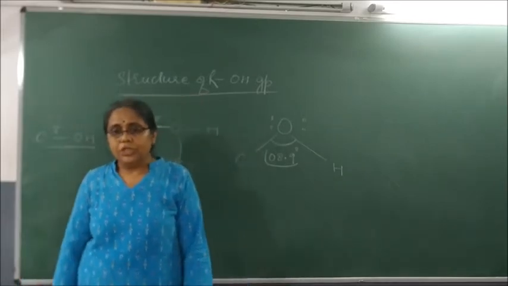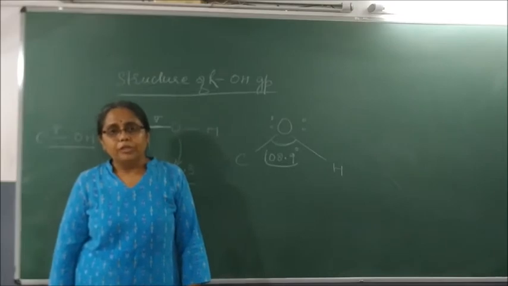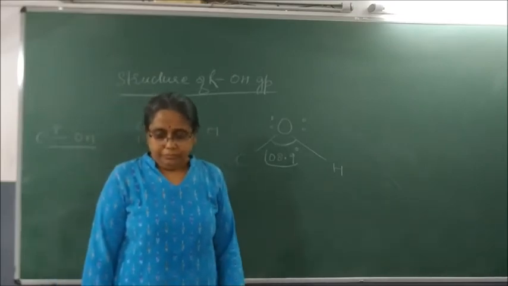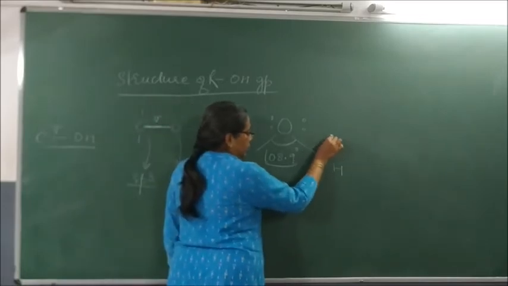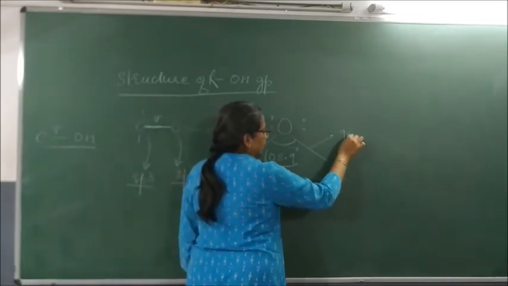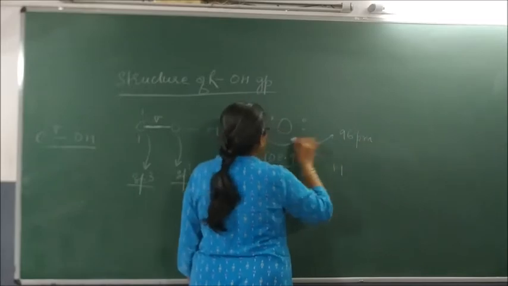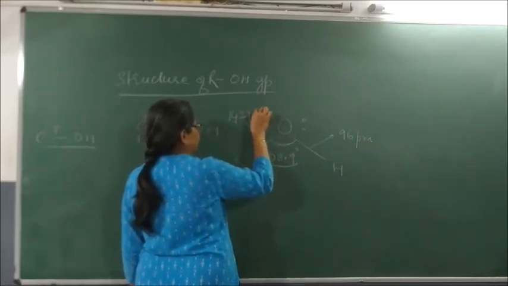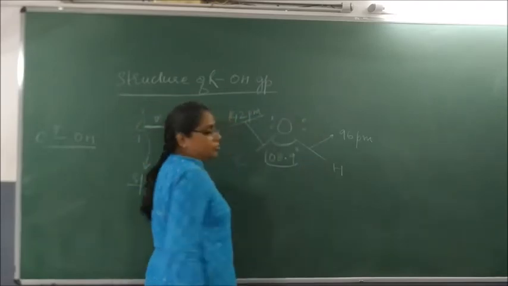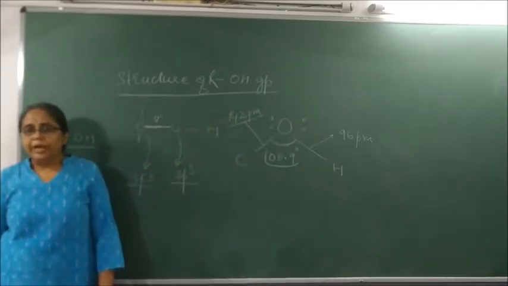Note this: the O-H bond length is 96 picometers and the C-O bond length is 142 picometers. This much should be written when you write the structure of the OH group.